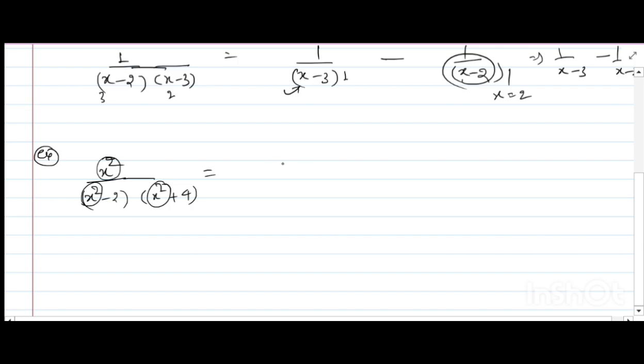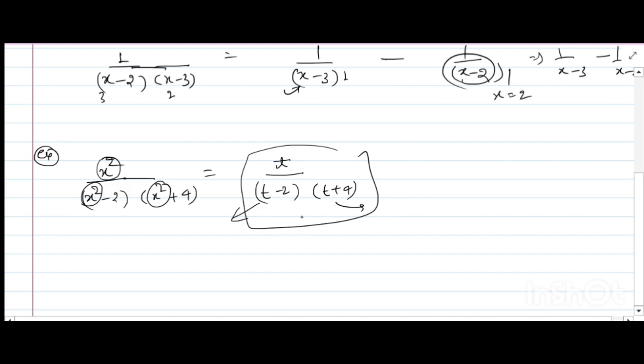If you consider it as t, it is t upon (t minus 2)(t plus 4). It has linear factors in t, so we can say it is linear in x square. Although it is a quadratic factor, everywhere it is x square, so we consider it as a variable t.